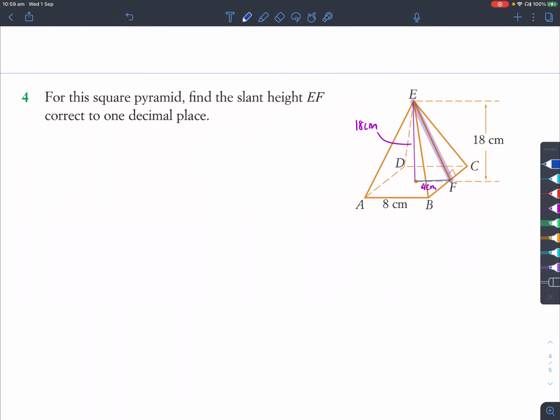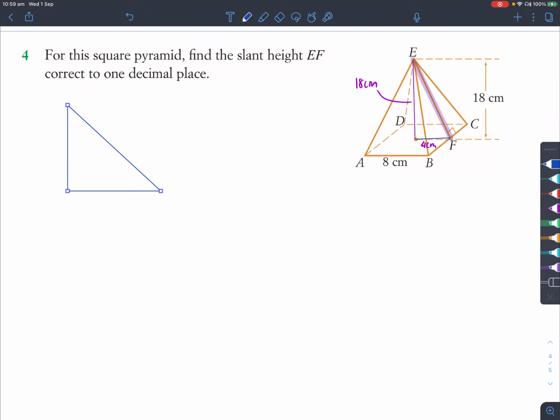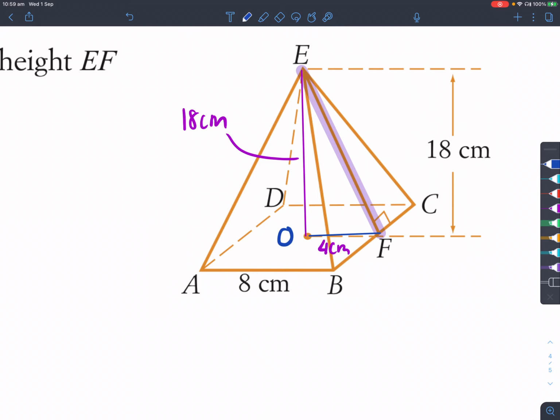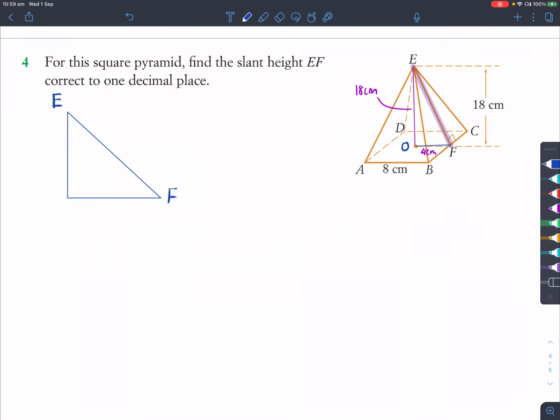That looks like this, where we've got E, F, and because there's no letter there, I'm just going to call this O, some letter that they haven't used. So call this O, and our 18 centimeters is our height here. We've got 4 centimeters spanning across from O to F, and we've been asked to find out what the slant height EF is. So slant meaning it's not vertical. So it's this one here.